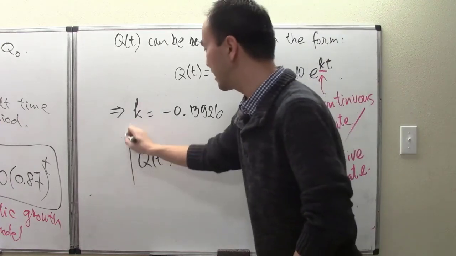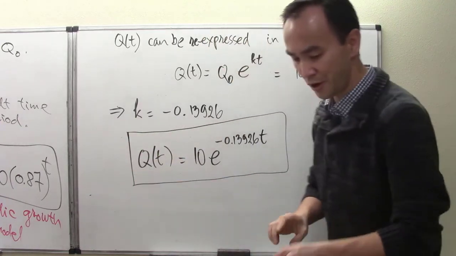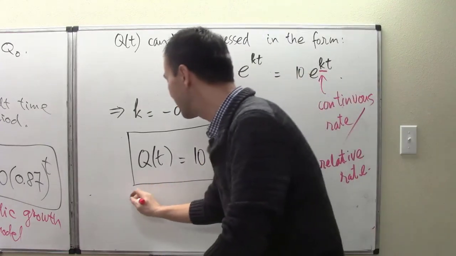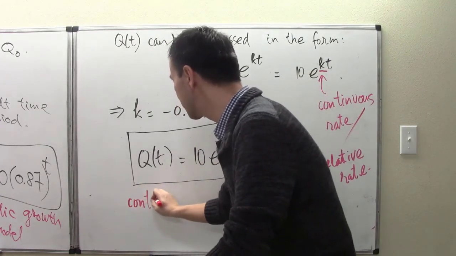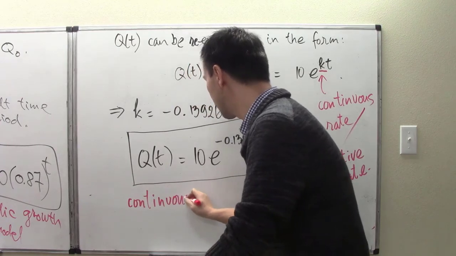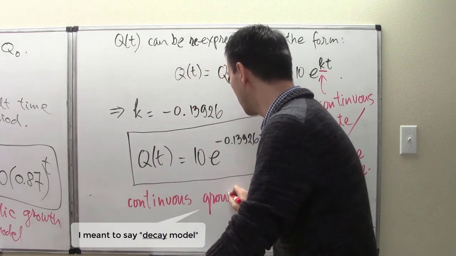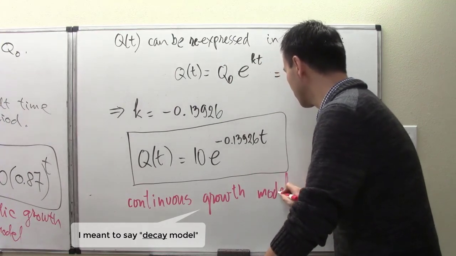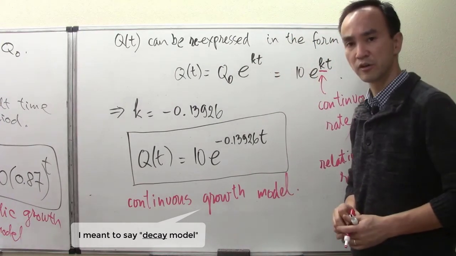That is how I have completed this model right here. Now I call this the continuous growth model.